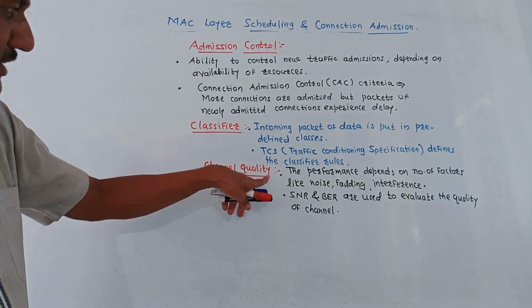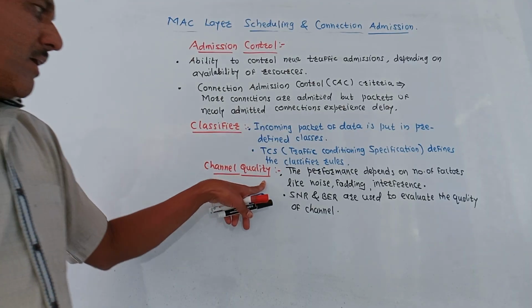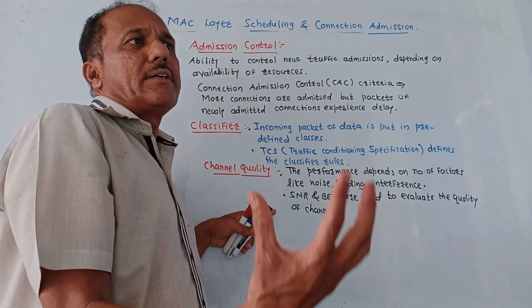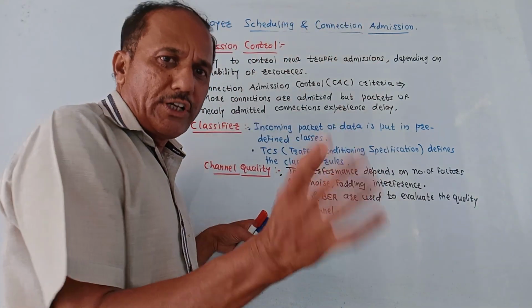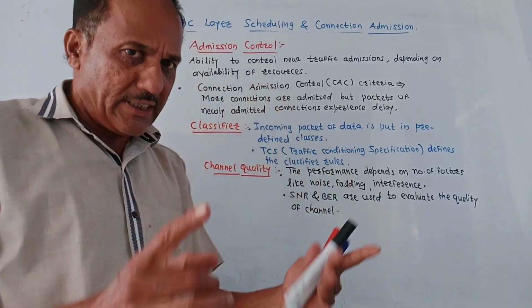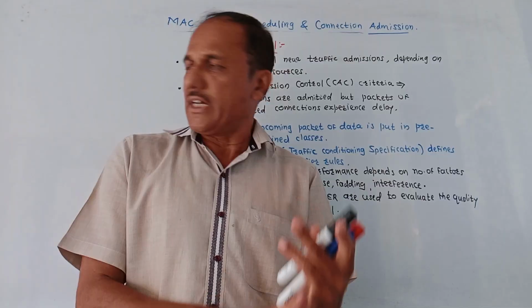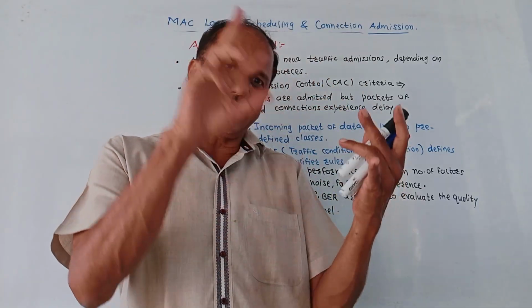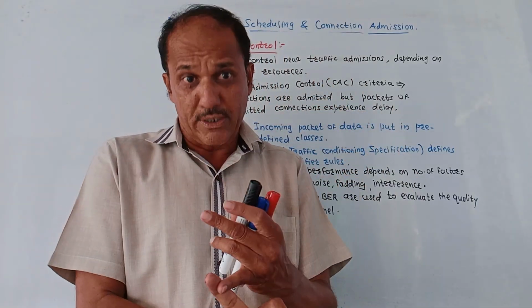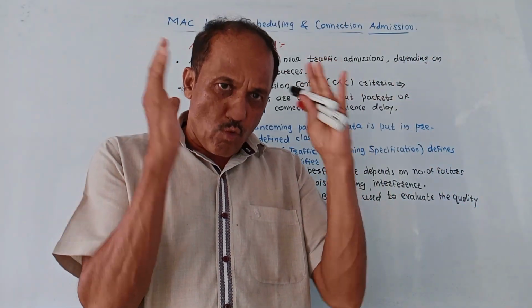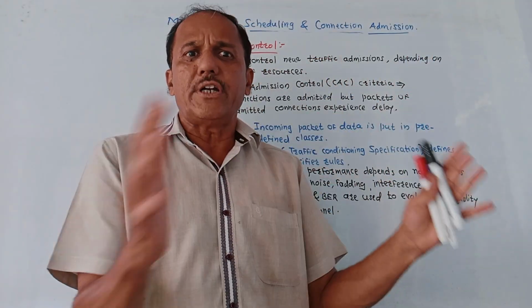Next parameter is quality of a channel. As the name indicates, different parameters need to be considered while deciding the quality of a channel, because it is affected by several parameters, like noise, fading, and so on. So certain parameters are used to keep watch on the quality of the channel.